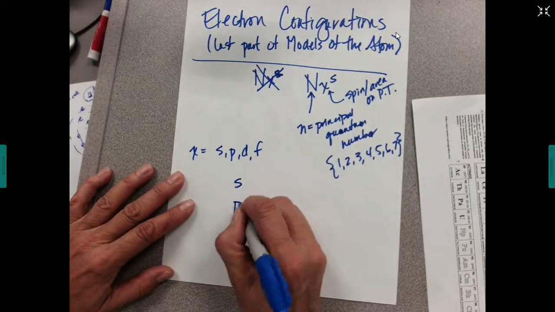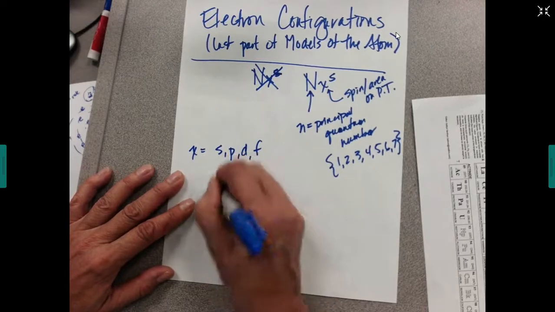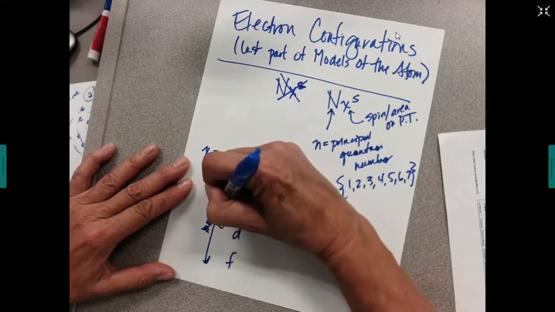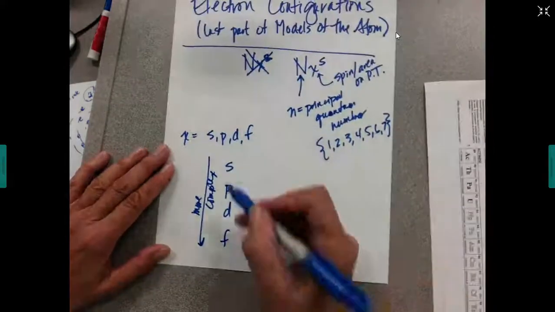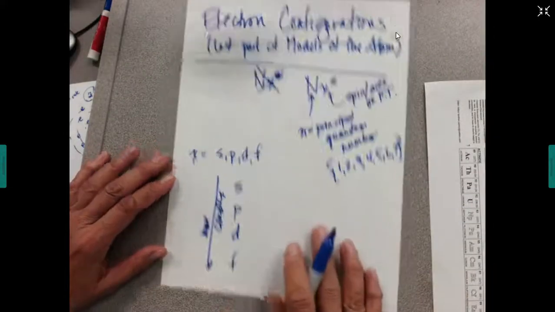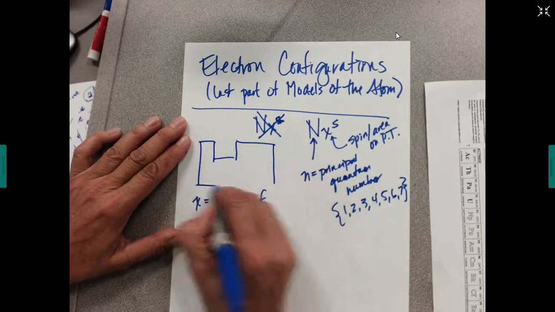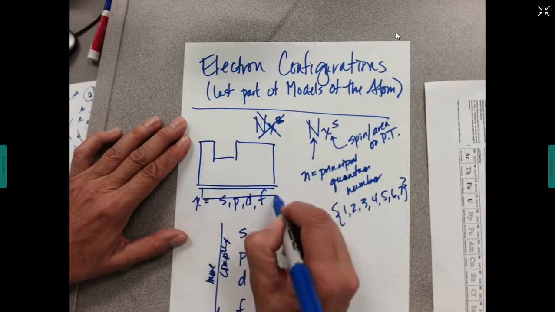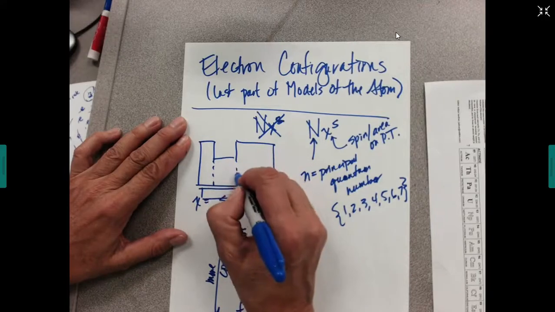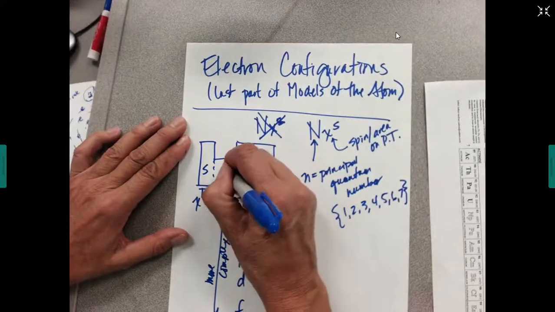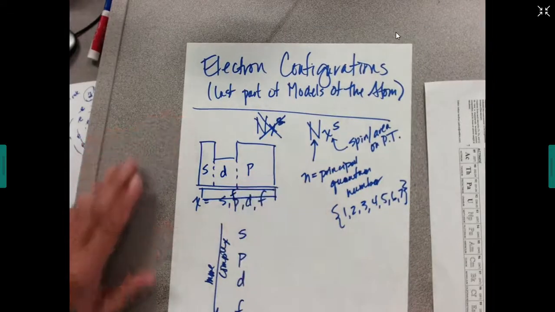So S, P, D, and F. They become more complex as you go from S, P, D, to F. If you look at a periodic table shadow box outline of where S, P, D, and F are, if you divide up the periodic table, that's section S, P, D, and this bottom section here is F.